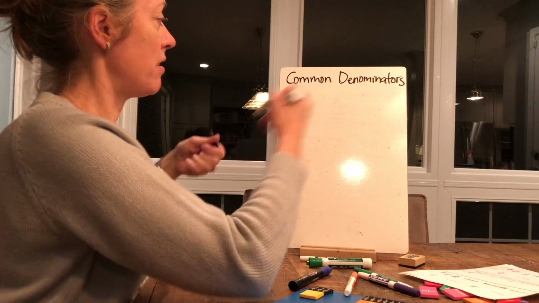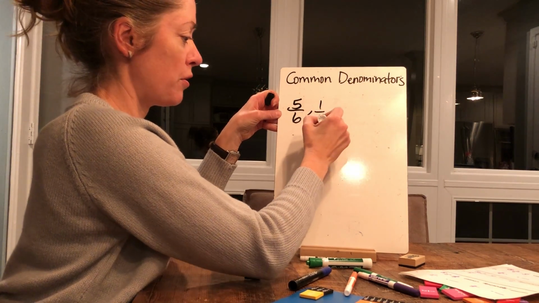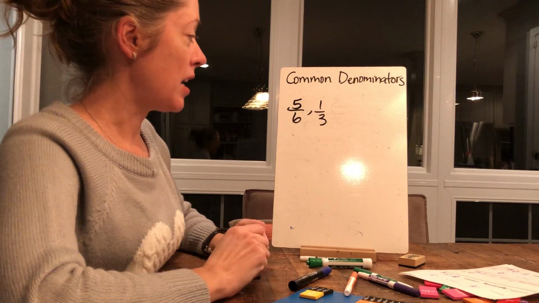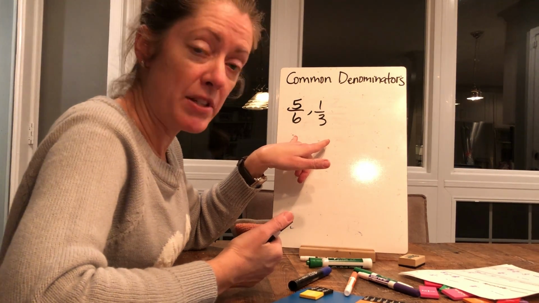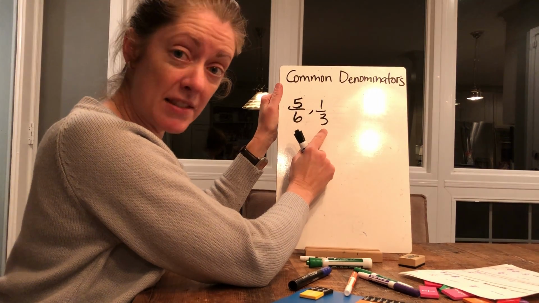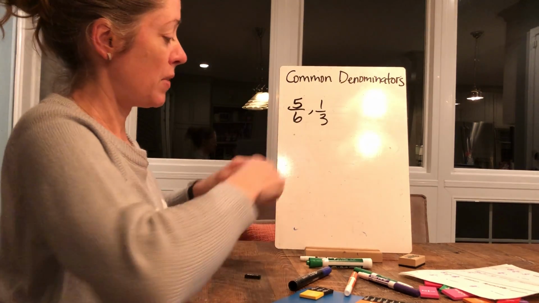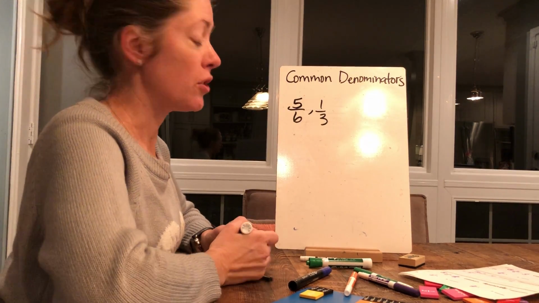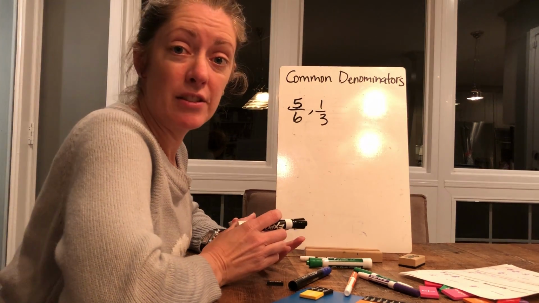For number 3, we have 5/6 and 1/3. A common denominator that you could use, there's actually many common denominators. You could simply put the 1/3 into 6. Or you could look at this and say a common denominator could be 12, or it could be 18.